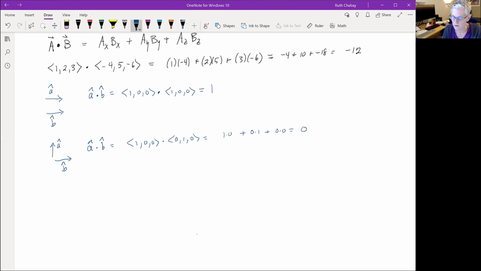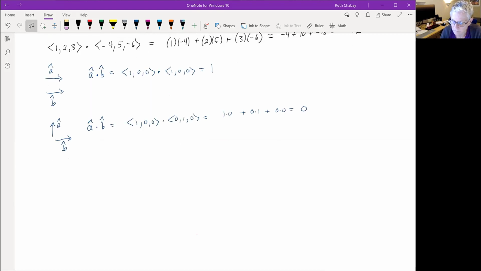So if they're perpendicular to each other, it looks like it comes out to 0.